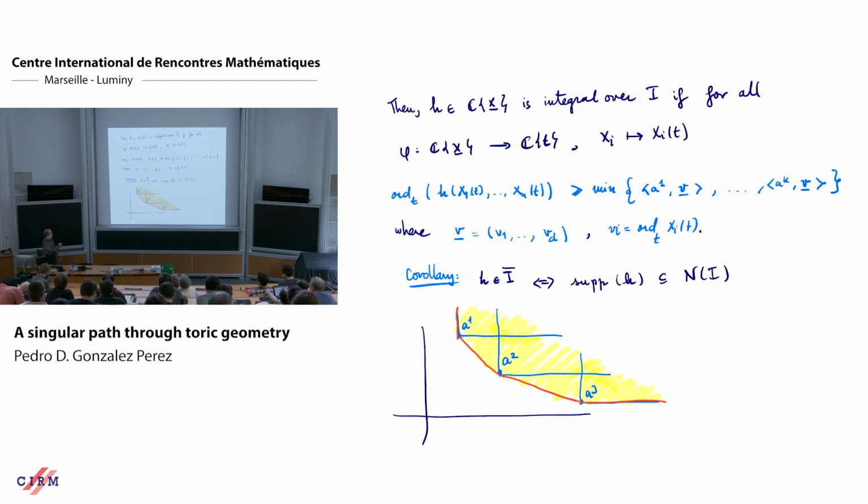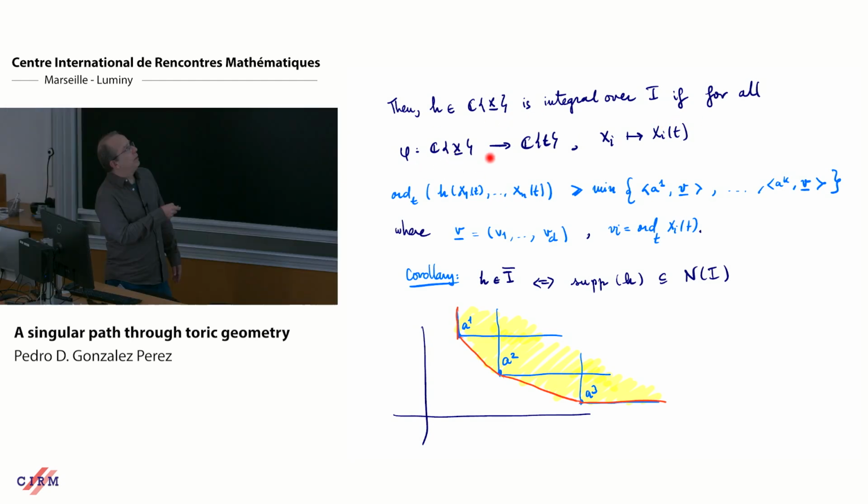Using this condition, a series h is integral over I if and only if for all morphisms in the power series, if I put x_i goes to x_i(t), and if I put v_i the order of x_i, then the order of the substitution is bigger or equal than this valuation.